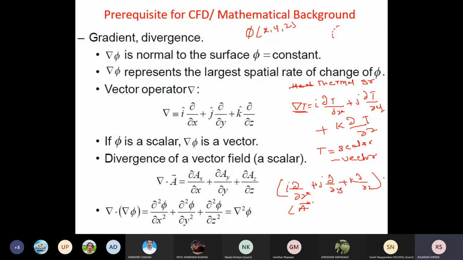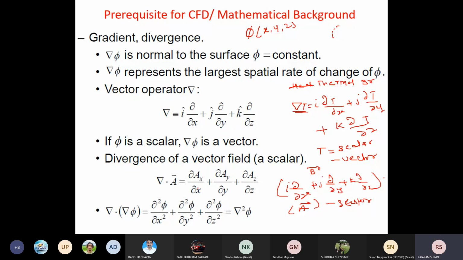Now this is a vector. If I take this as a vector and this as b vector, then if we take the dot product of two vectors, already I have told you, it results in a scalar. Now this is the divergence of the vector field, and divergence of the vector field is an important term while deriving all three equations, that is continuity, momentum, and energy equation.